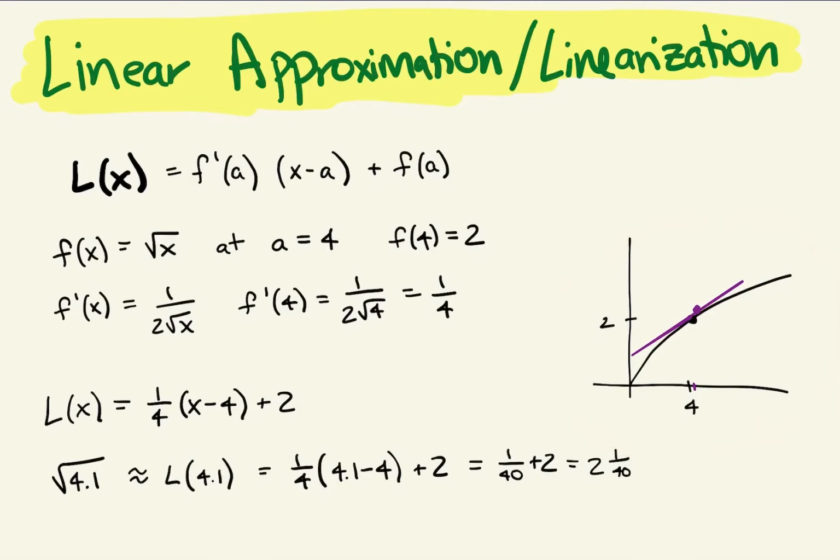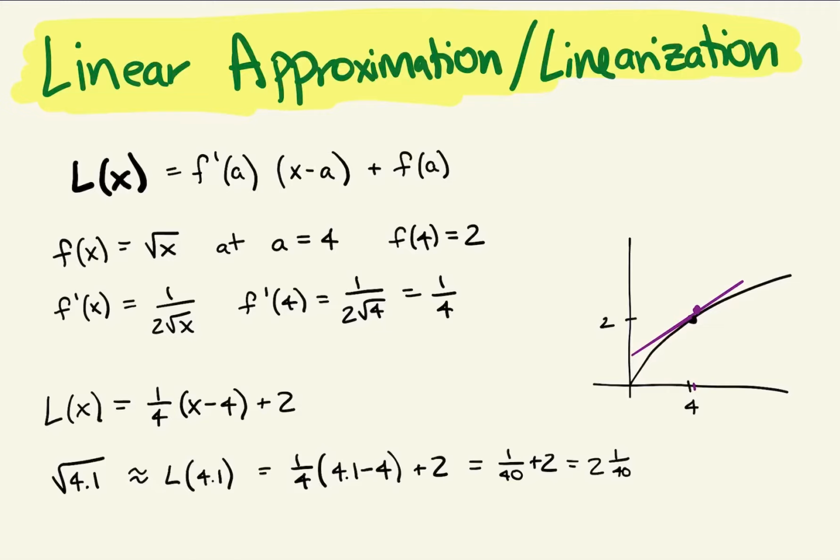One way to think about that is by considering this graph over here. We have square root of x, and we have this point 4, and that's where we take the linear approximation. It's basically just the tangent line at that point. The only thing that's different now is we're going to use it to approximate points that are nearby.